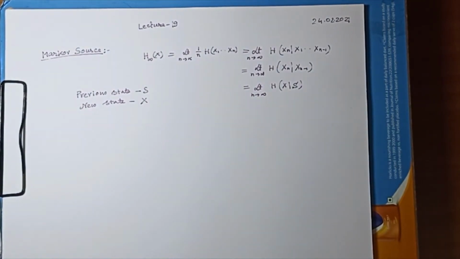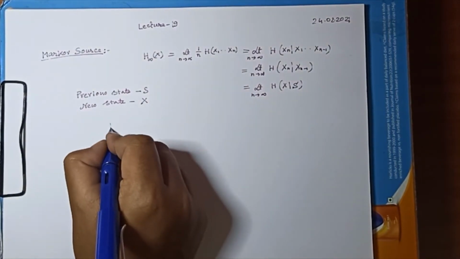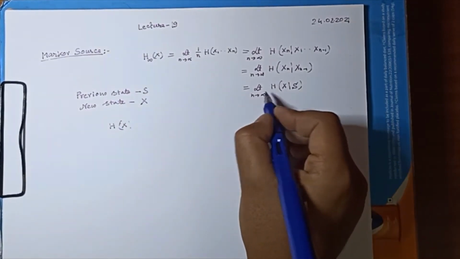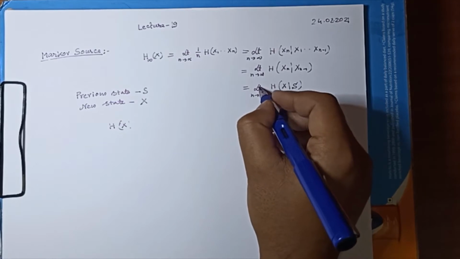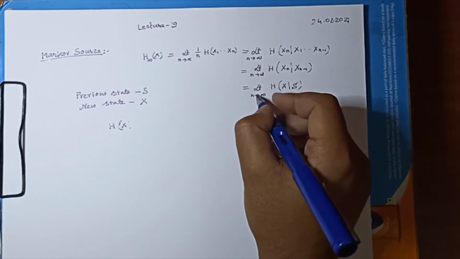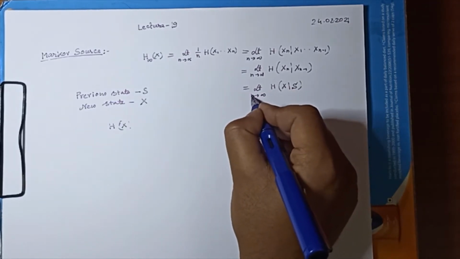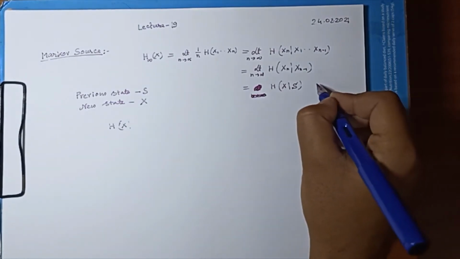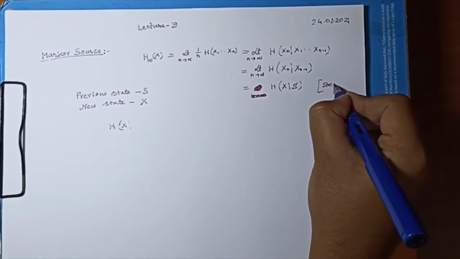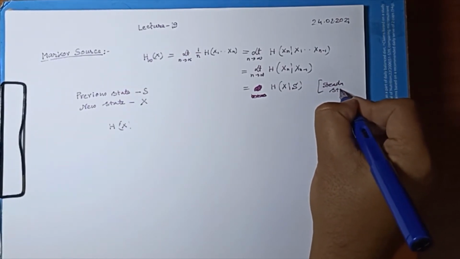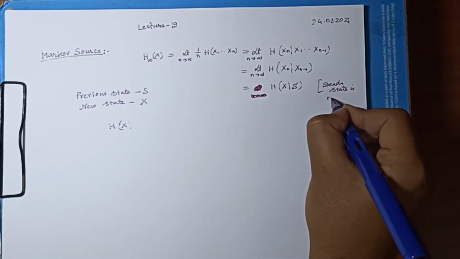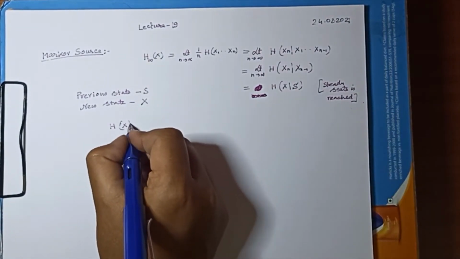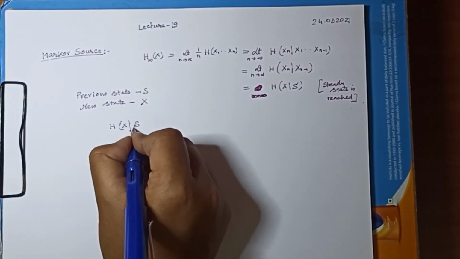Now what is H of X given S? I should not write the limit anymore, since this is assuming that the steady state has been reached, so there is no more n. So what is H of X given S?